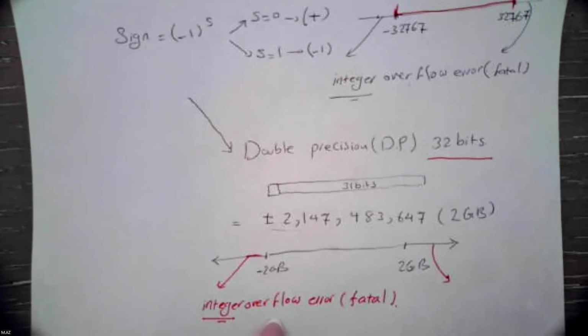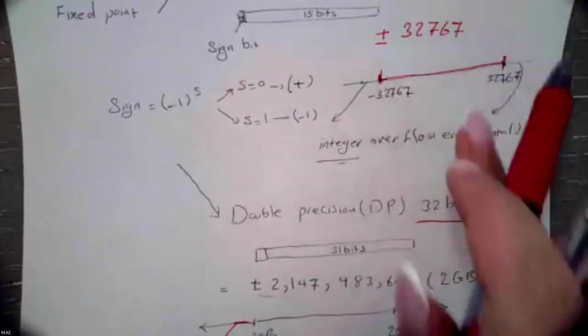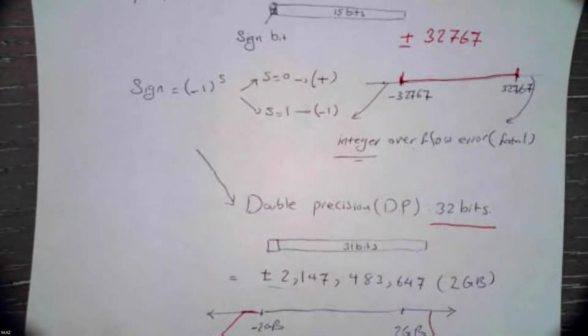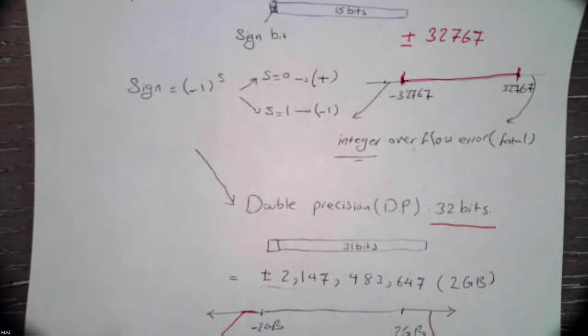The second type of numbers is the floating point or real numbers. Before I talk about real numbers, based on these two graphs, we can say any integer number except 0 within this range can be written exactly on a computer.